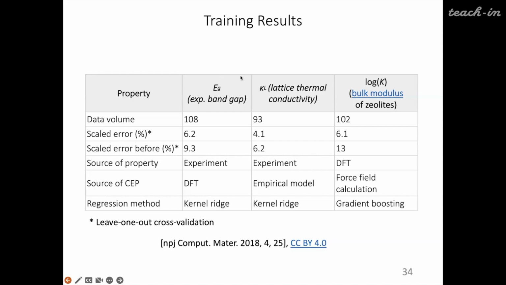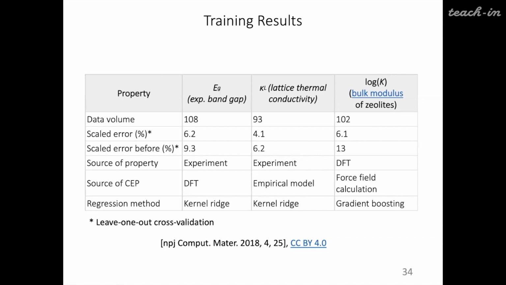So they computed band gaps, they predicted experimental thermal conductivities by using an empirical model, and they used molecular mechanics force fields to compute bulk moduli of zeolite materials.